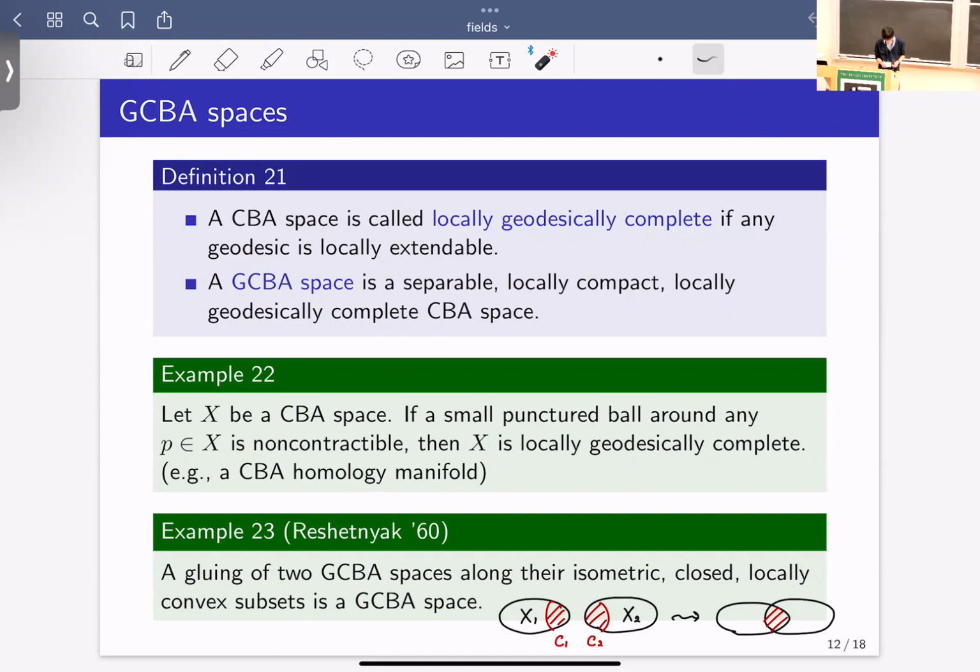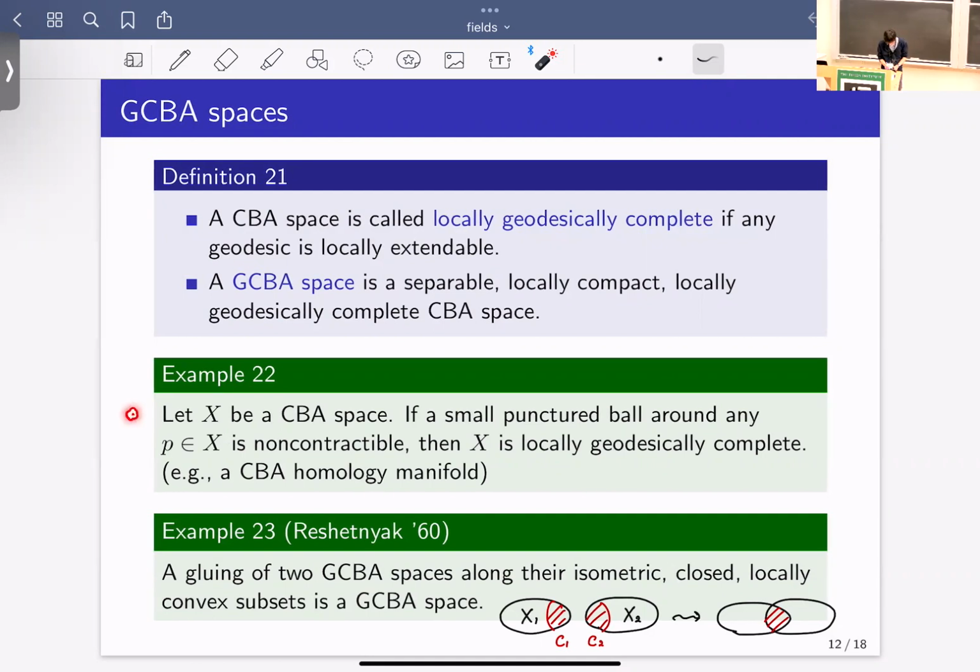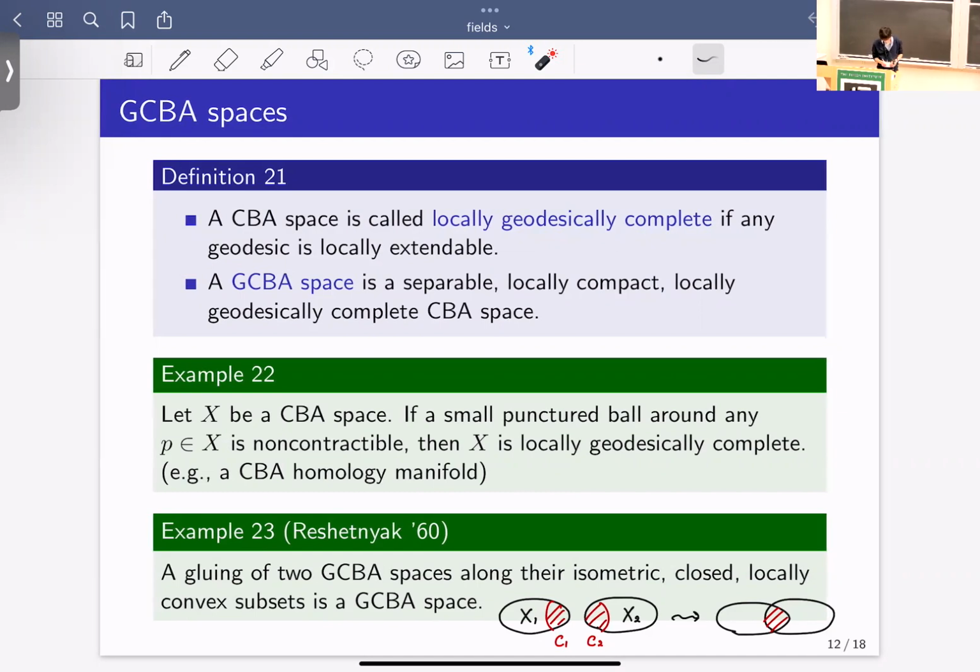So let me give you some examples. Let X be a CBA space such that for any point P, a sufficiently small punctured ball around P is non-contractible. Then X is locally geodesically complete. If X is a topological manifold, then this assumption means that X has no boundary. More generally, this assumption is satisfied by any homology manifold with a CBA metric.